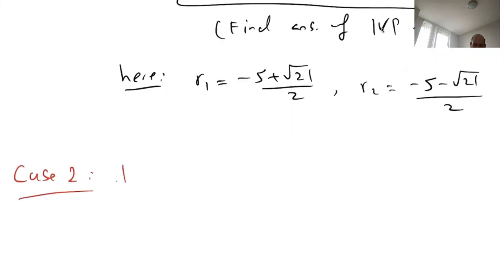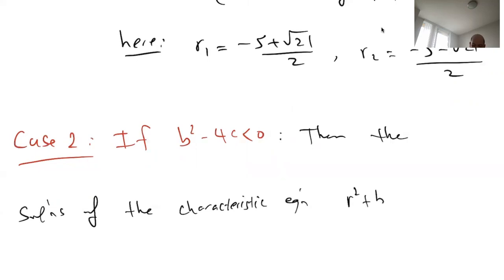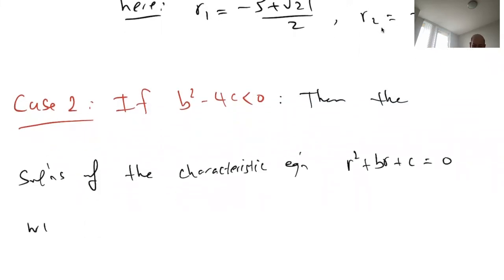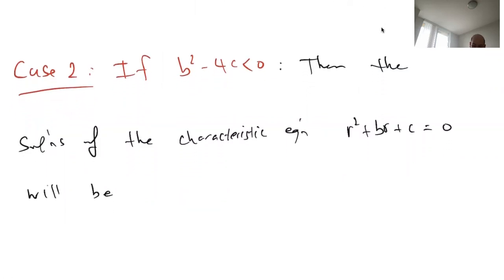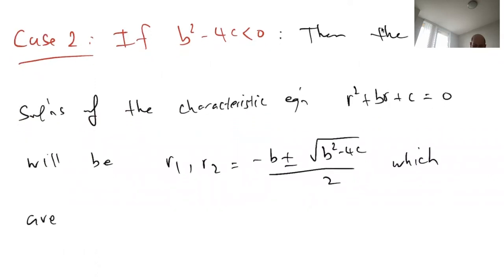So case 2, if b squared minus 4c is negative, then the solutions of the characteristic equation r squared plus br plus c equals 0 will be r1 and r2 equals minus b plus or minus root b squared minus 4c divided by 2, which are complex numbers.